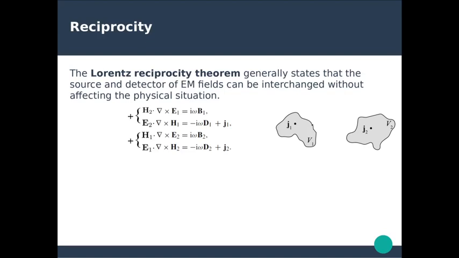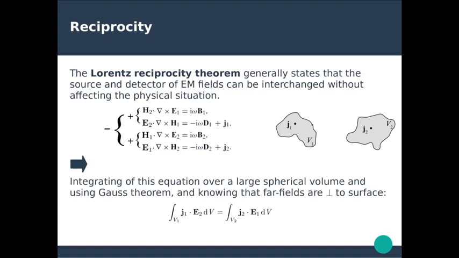We can then sum up those two equations, electric and magnetic field, for each distribution separately, and then you take the difference between those two quantities.